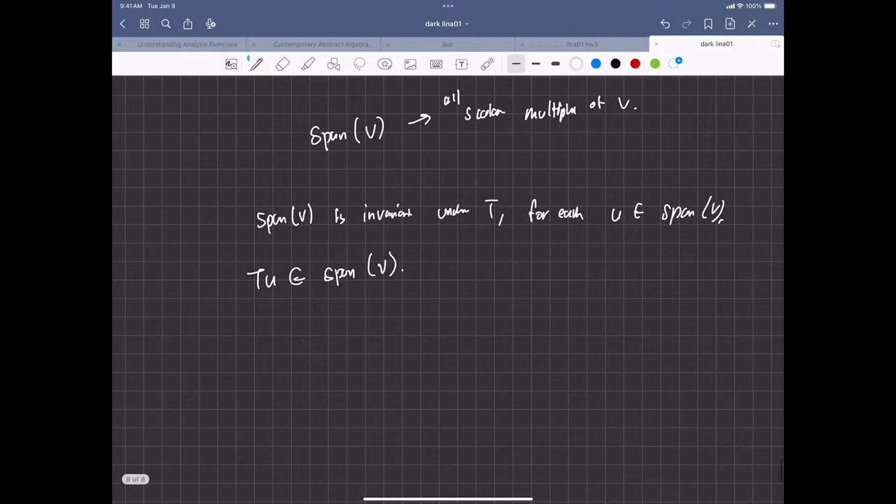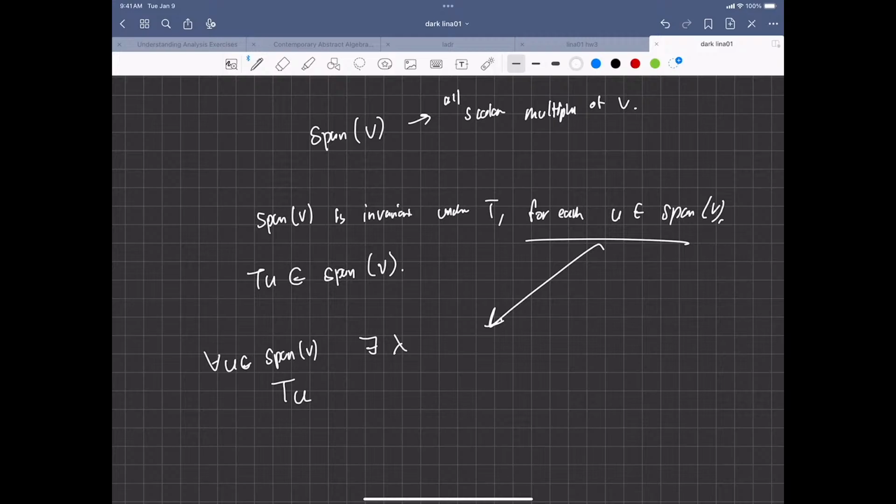But what does this mean? This means that for all u in the span of v, there exists a scalar lambda such that Tu equals lambda u.